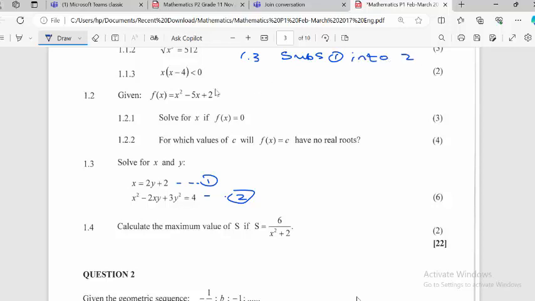We didn't create an equation 3 here because x is already isolated. So we open a bracket. Where there's x, we no longer put an x. We now put 2y plus 2, close bracket, squared. And we go minus 2. Again, where there's x, we put 2y plus 2.